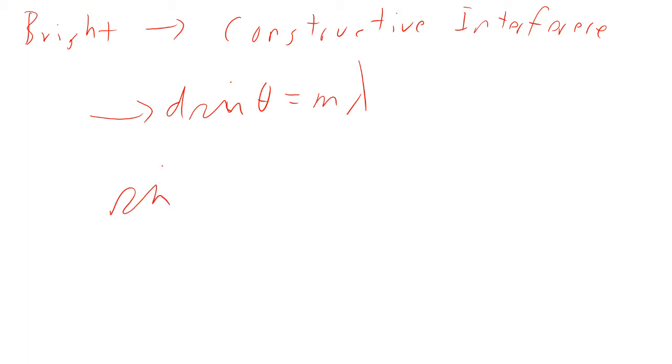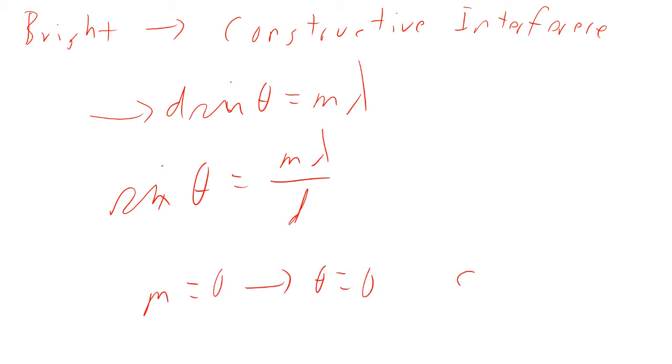So the possible sine thetas are m lambda over d. Obviously, m equals 0, theta equals 0. That's the central spot.